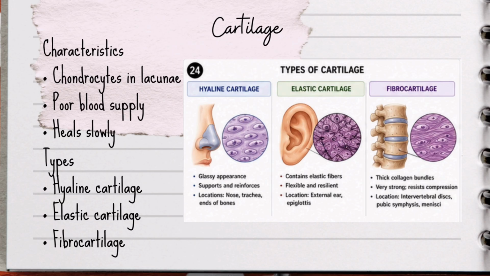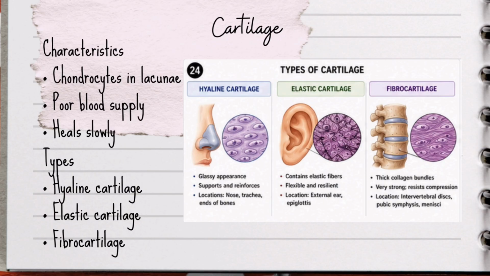The first is hyaline cartilage, the most abundant type. It provides smooth surfaces at the ends of bones, reducing friction during joint movement. It is also found in the nose and part of the respiratory tract. The second is elastic cartilage, which contains many elastic fibers. This makes it flexible enough to maintain the shape of structures like the external ear while still allowing them to bend.